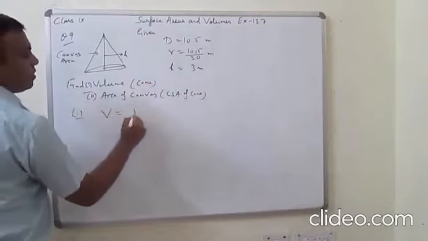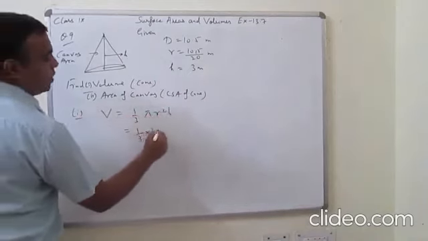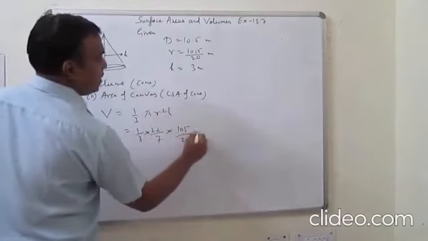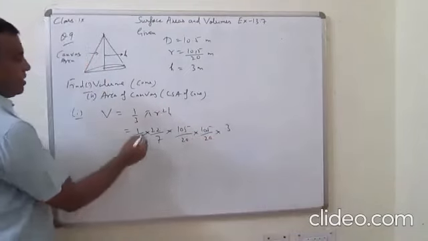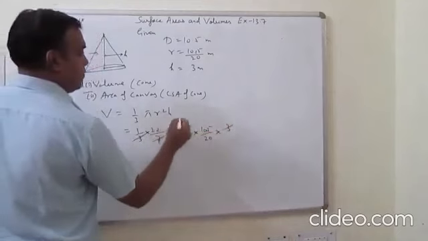Volume is equal to 1 upon 3 pi r square h, 1 by 3 into 22 upon 7. R is 105 upon 20, 105 upon 20 into height is 3. This 3 cancels out and you cut with 5, it will come 15.